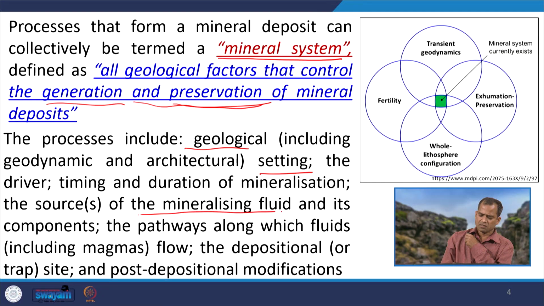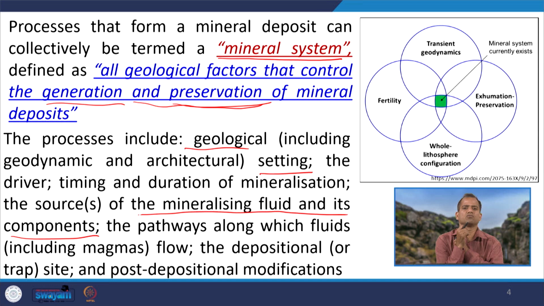And the mineralization fluid and its components. What is the mineralization fluid? Whether the fluid is crustal derived, magmatic derived, or hydrothermal derived. That matters, because what type of mineral it will give rise to depends upon the fluid components and the origin of the fluid.